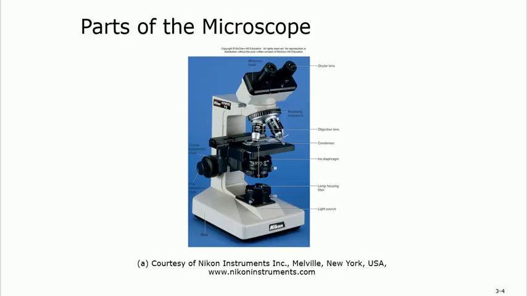These are the different parts of the microscope that we have to know, and as you see, this here is called the ocular lens. It's one of the two lenses that we need to know. This is called the nose, the resolving nose piece.